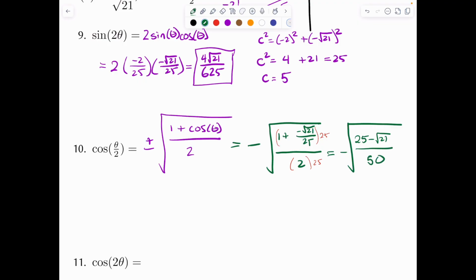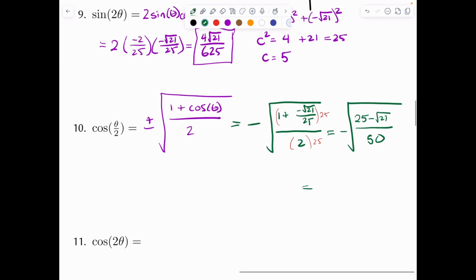Oh, you know what? We can't really simplify this much more. There's not much else I can do. I suppose I could take this thing and write it like 1/10. If you multiply everything by 2, you get 100 in the denominator.